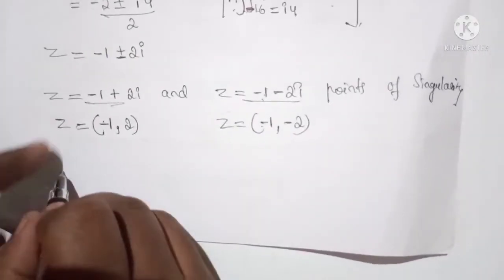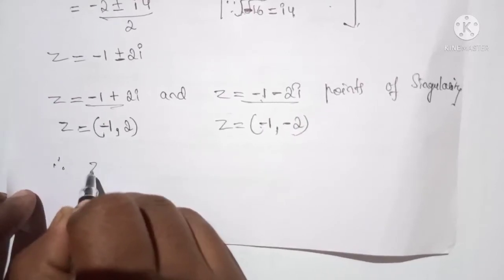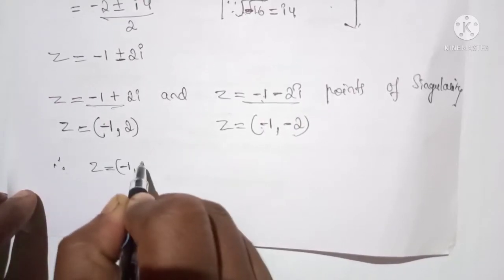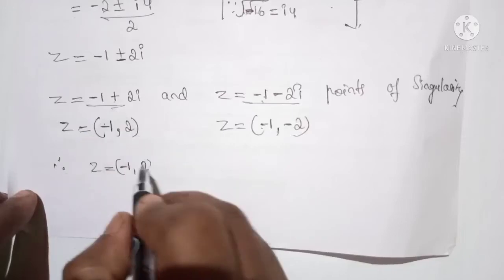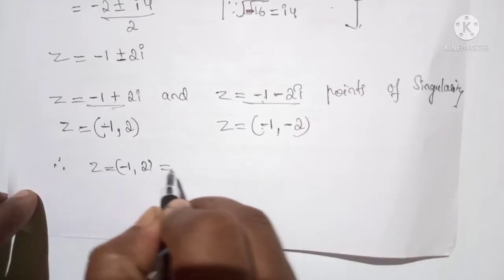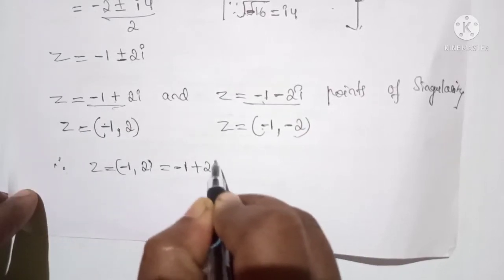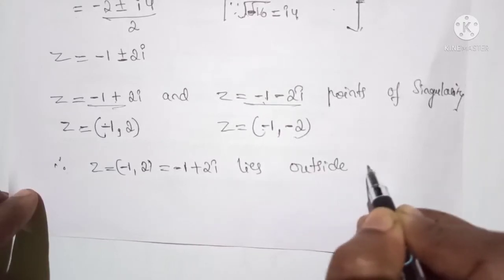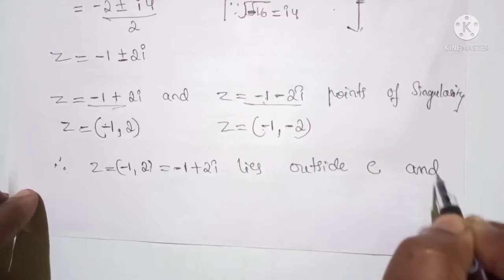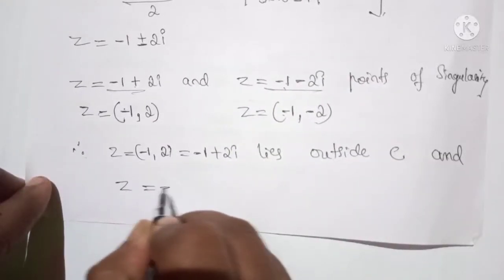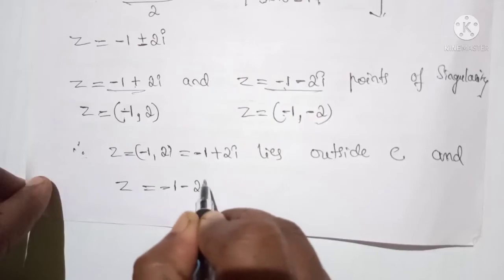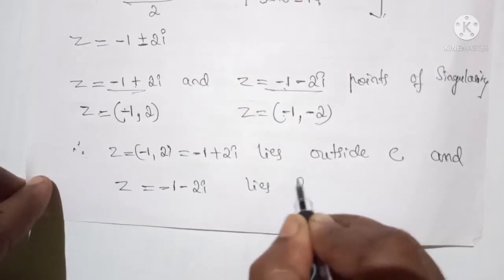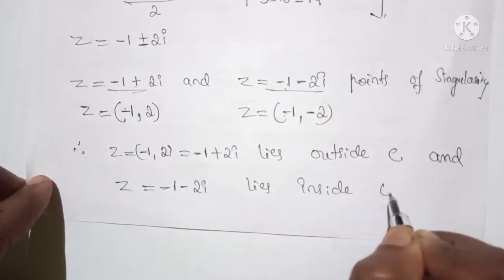So therefore z equals to minus 1 comma plus 2, which is equals to minus 1 plus 2i, lies outside the circle, and z equals to minus 1 minus 2i lies inside the circle.